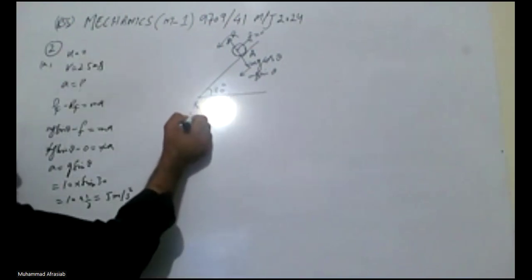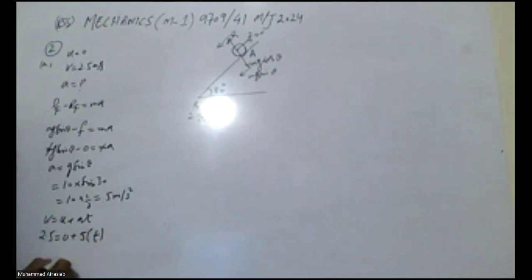Since the final velocity at the B point is 2.5 meters per second, and the initial speed at A is 0, from the equation v is equal to u plus at, v is 2.5, u is 0, acceleration is 5 into time t. So t will be equal to 2.5 over 5, which is equal to 0.5 seconds. This is the first part of that question.